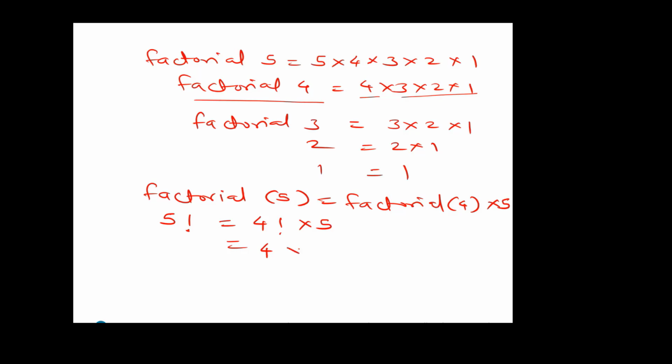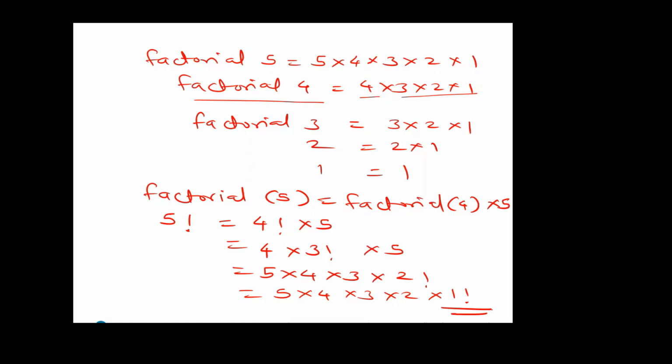We can say that is 4 multiplied by 3 factorial multiplied by 5. So this is 5 multiplied by 4 multiplied by 3 multiplied by 2 multiplied by 1 factorial. Now, this program has to stop when we reach 1 factorial. So this is the smallest case where we can calculate factorial, and this is called a base case in recursion.